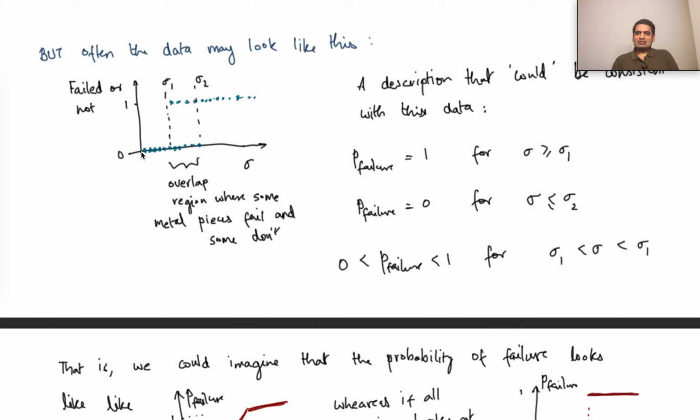Imagine stress levels from here to here, and look at what fraction of the samples for those stress levels failed or not. That's basically the probability of failure. If you consider samples that have experienced stresses in this range and look at what fraction failed, that's going to be the probability of failure.